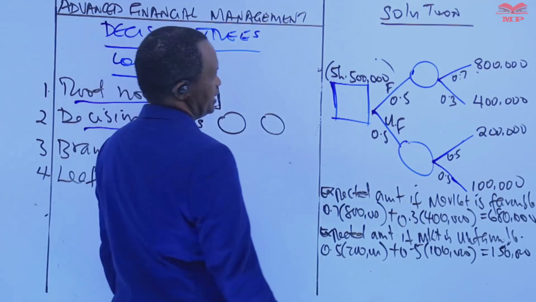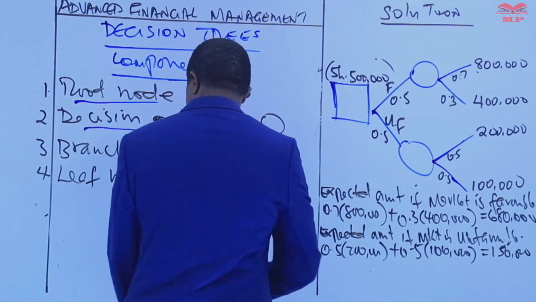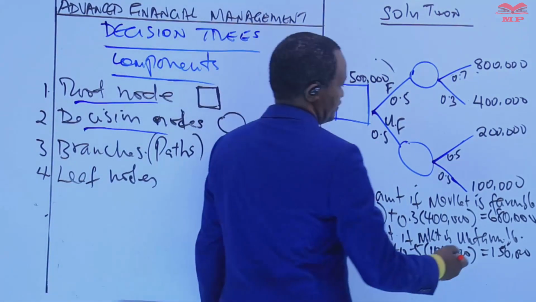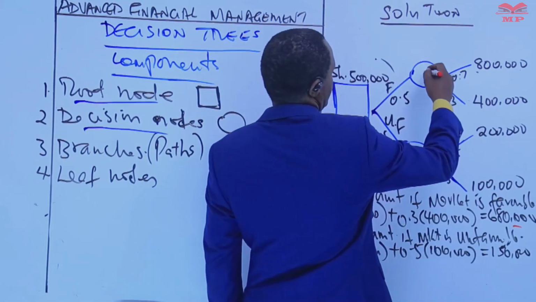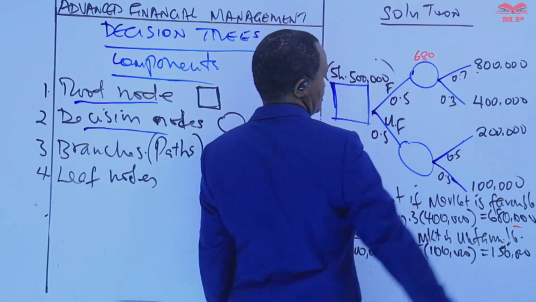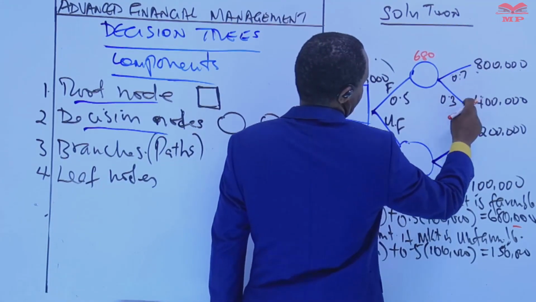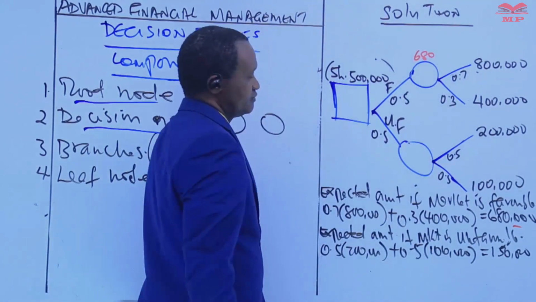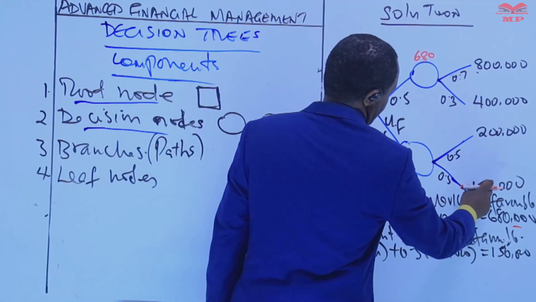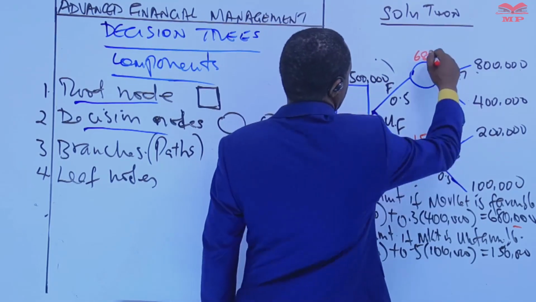So this is the expected favorable value. Let me use my red pen. Expected favorable value at this point is 680. That times that plus that times that, 680. That times that plus that times that is 150, 150,000.